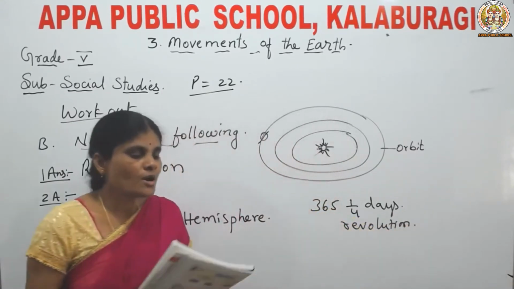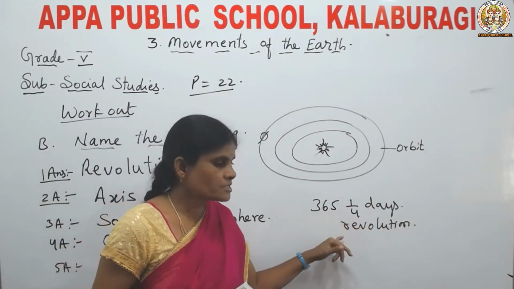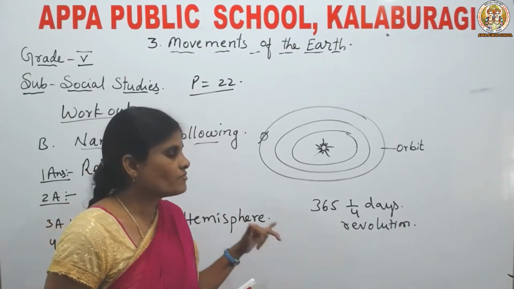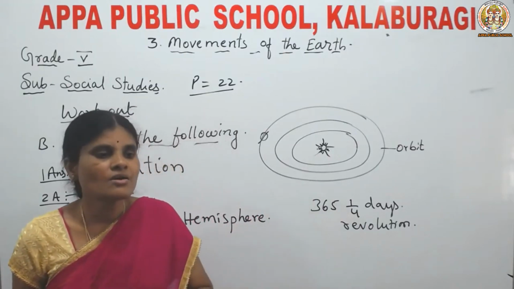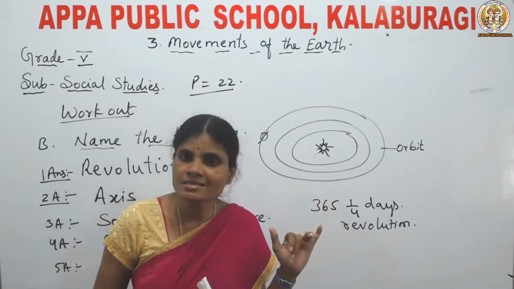Actually, we say that 365 days are there in one year, for our convenience. 1/4 day means 6 hours.